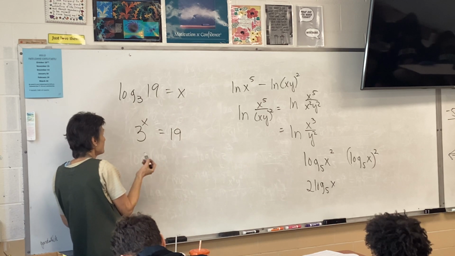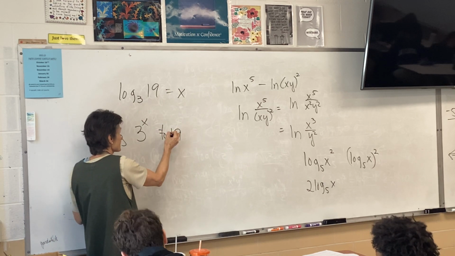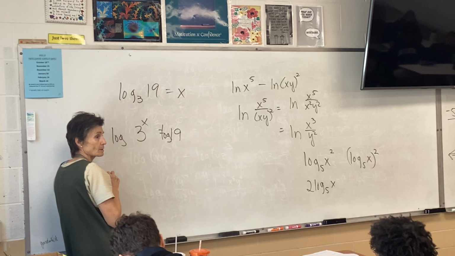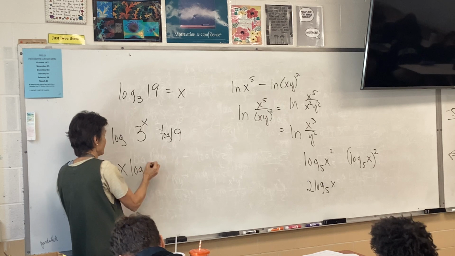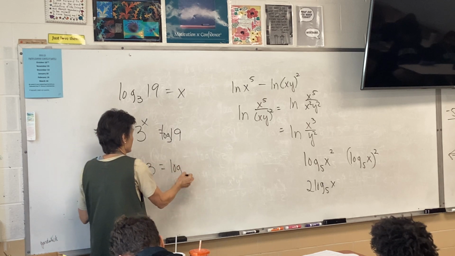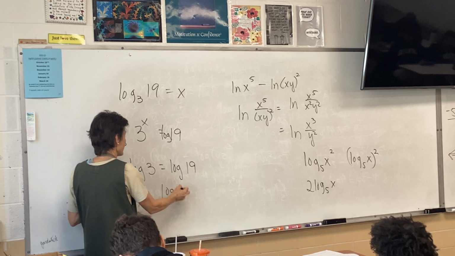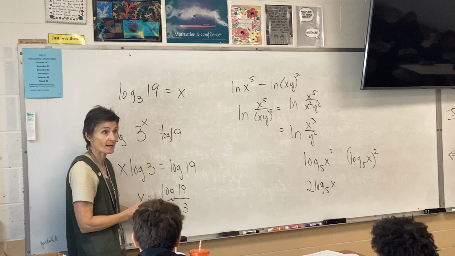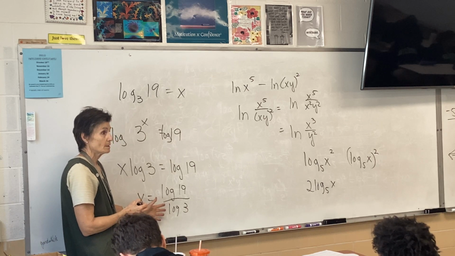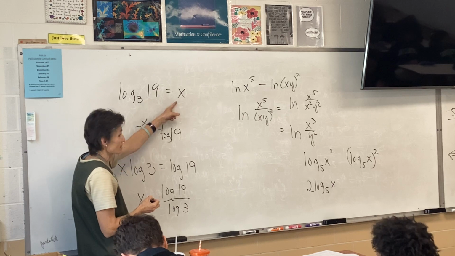And then it's an exponential, so I'm going to take the logarithm of both sides. And that will allow me to pull the x off. So x ends up equaling the log of 19 over the log of 3, which I can type in on my calculator. But let's look up here. This is also x.